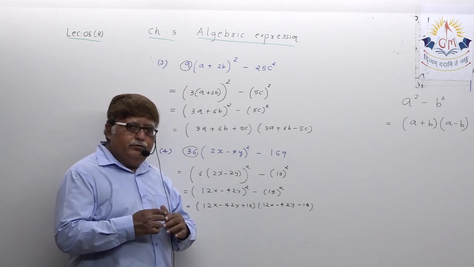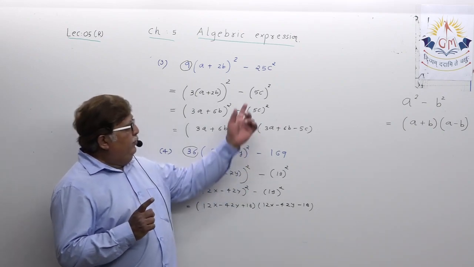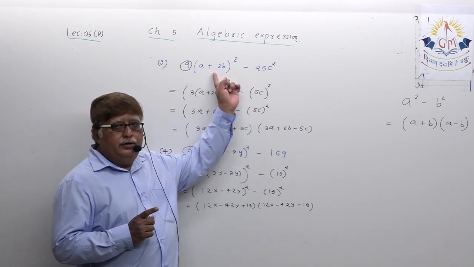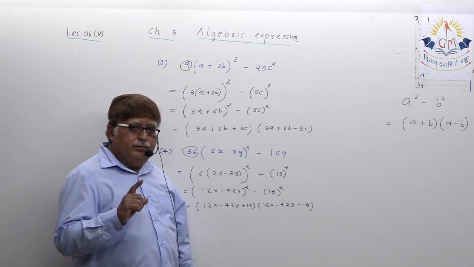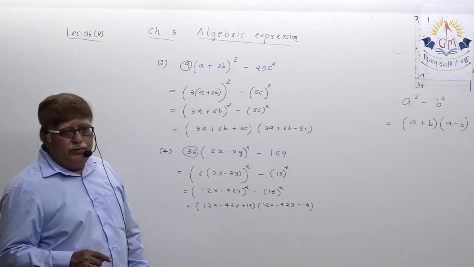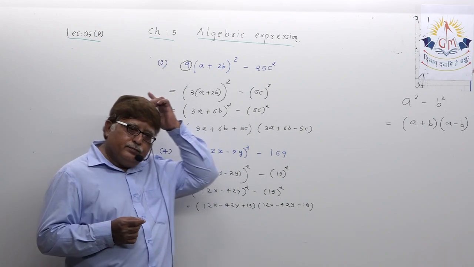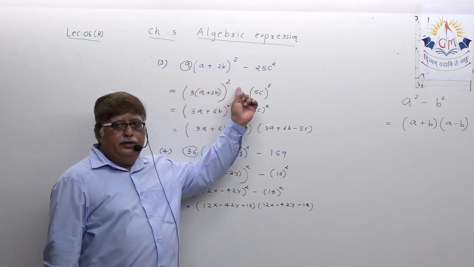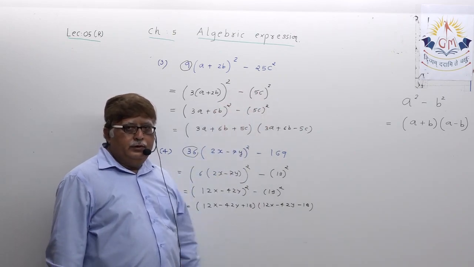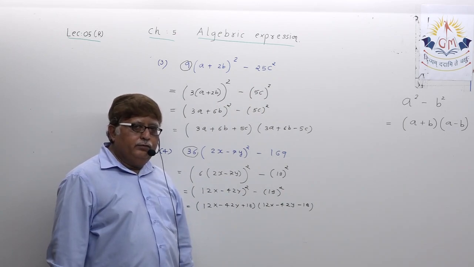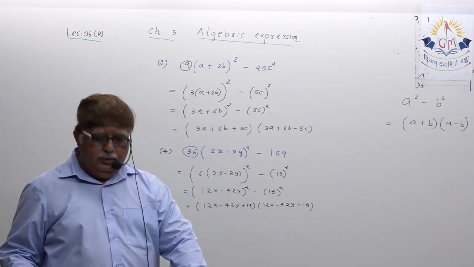Now we are going to solve some of the examples where bracket does not appear in first term but it appears in second term, where I also explain you in the regular lecture of this chapter that whenever the bracket appears in the second term, there are chances of sign mistake to occur that we need to avoid.